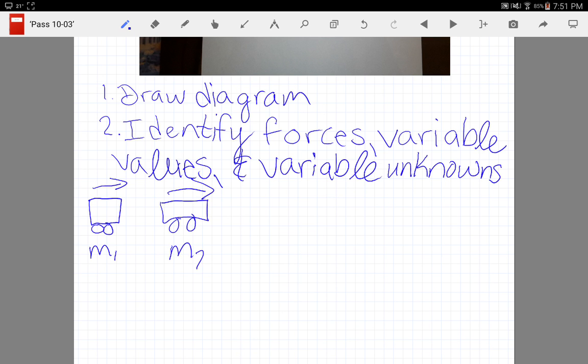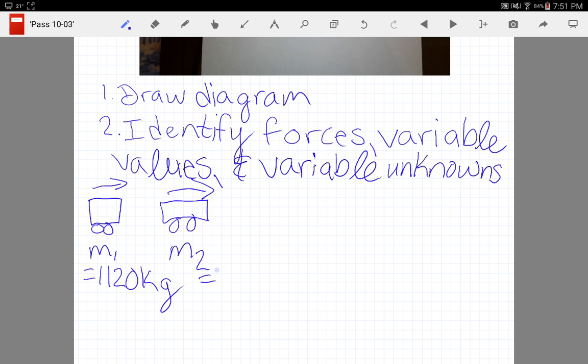So the biggest things with the diagram is to note your objects, to note the direction that they are moving. And with this, you'll want to note that you've got this first car, your mass 1, is 1,120 kilograms.